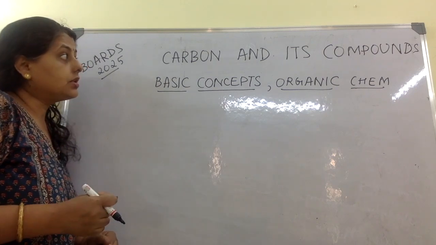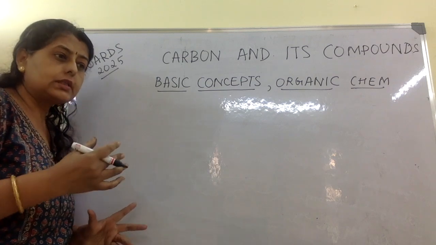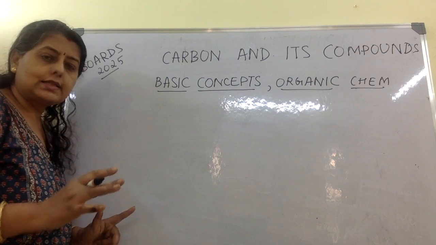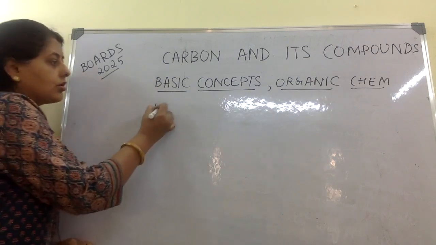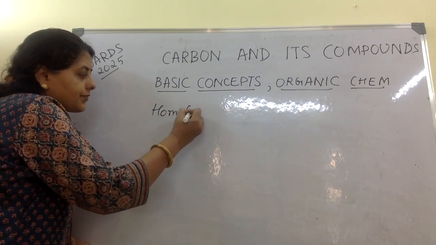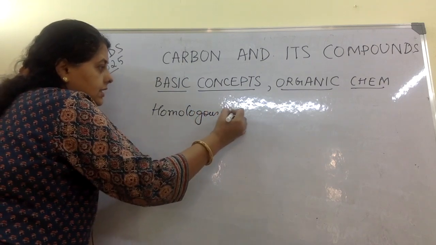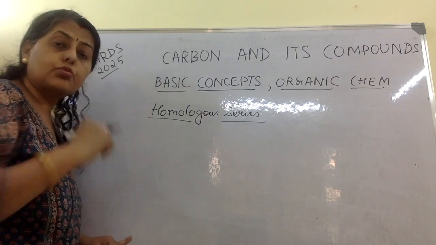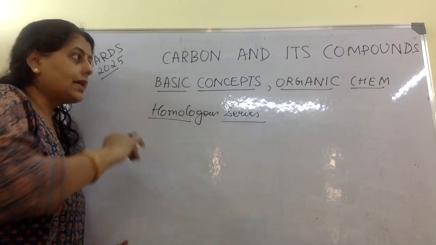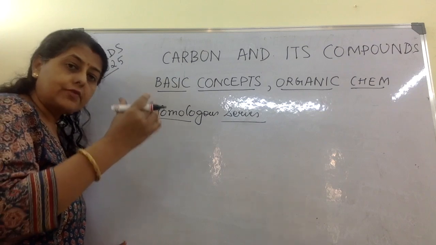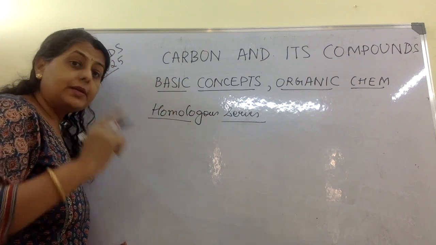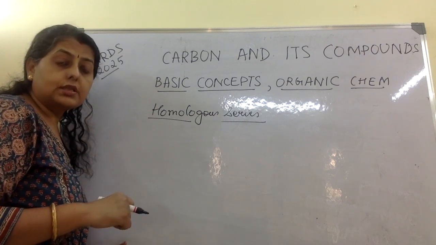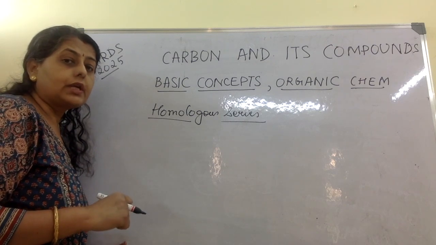Let's come to what this entire chapter is made up of. This entire chapter has something called homologous series. What is this homologous series all about? All carbon compounds are divided into categories depending on certain things. What are those things?